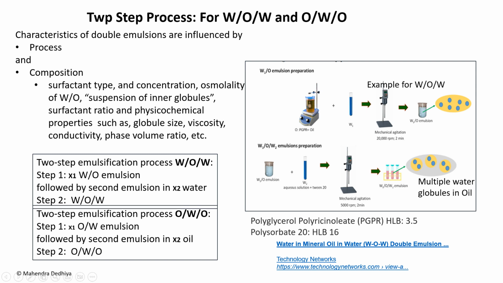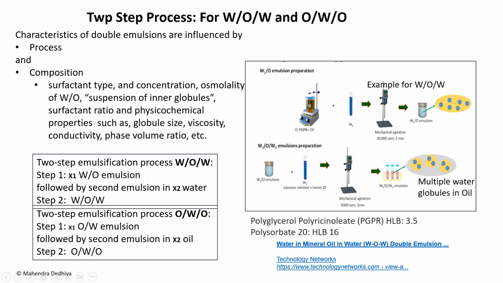Critically, these include the emulsifier and surfactant, their concentration, the osmolality of the inner globules, the ratio of the emulsifiers, and physicochemical properties such as the initial globule size of the water and the oil portion, viscosity, phase volume ratios, and conductivity.